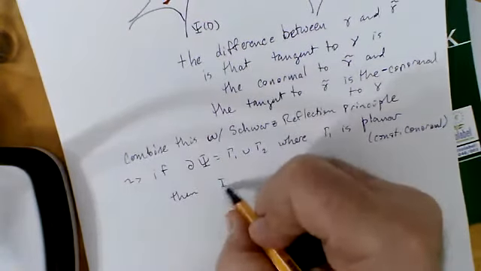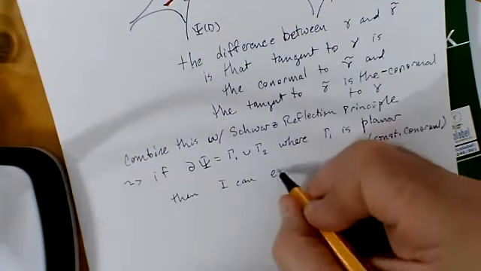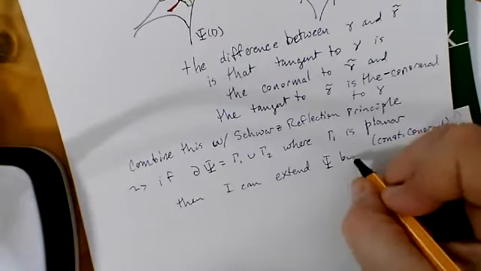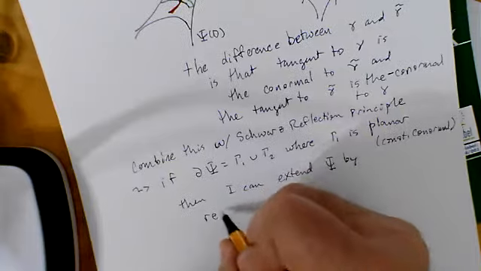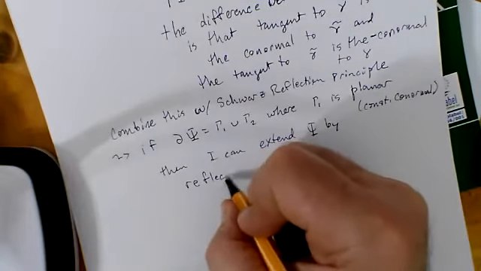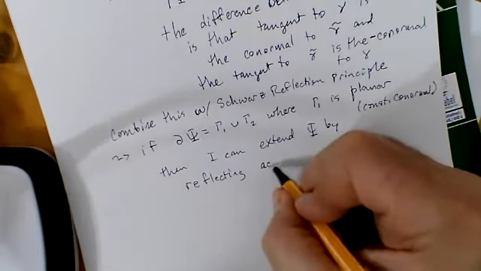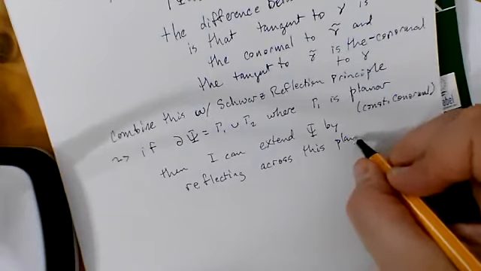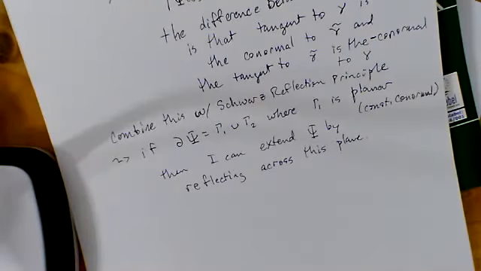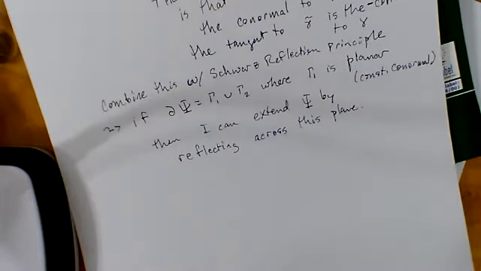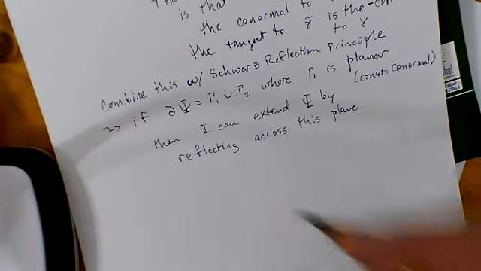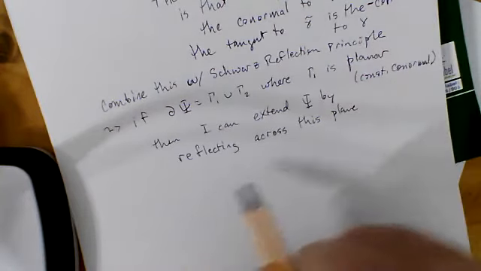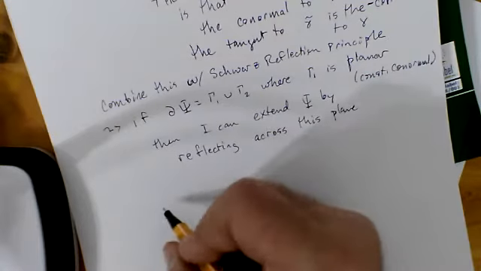Then I can extend my surface by reflecting across this plane. And this whole idea, the combination of these two, is exactly what's called the Schwarz reflection principle for minimal surfaces. So let's draw a picture.